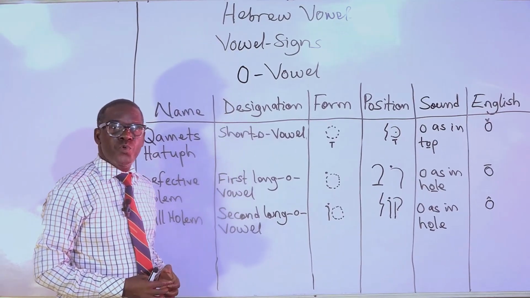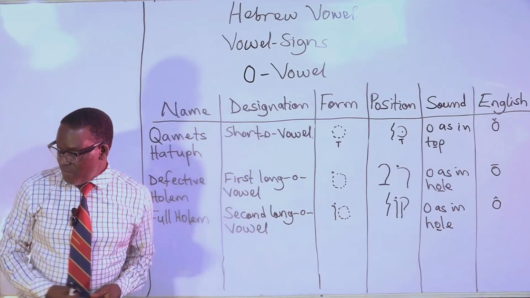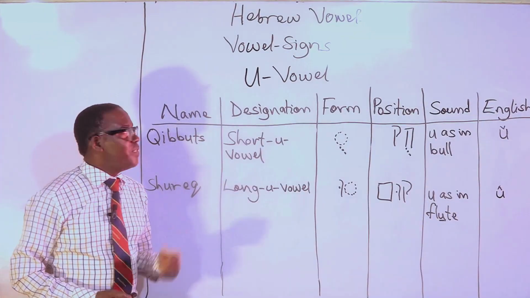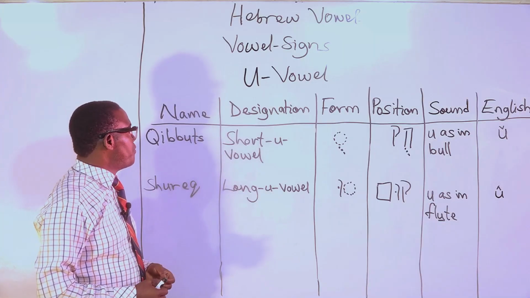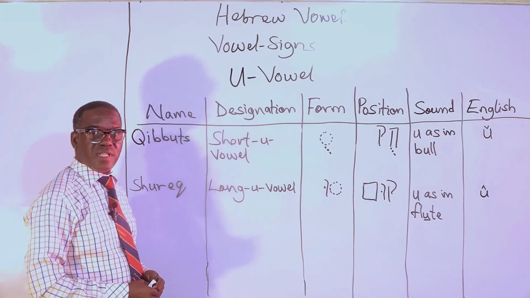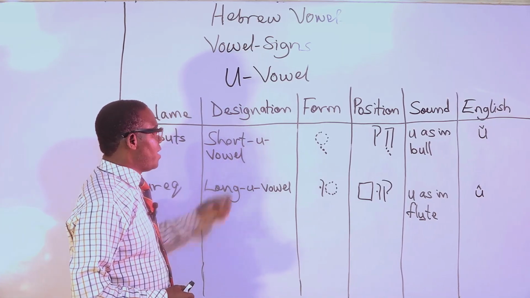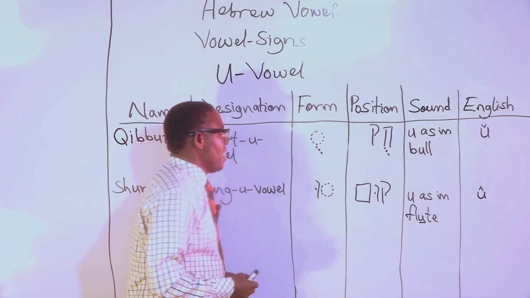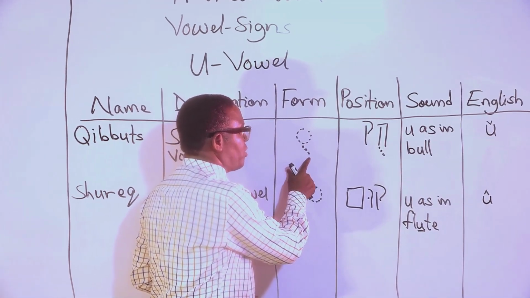Now we go to the U vowels in Hebrew. We have two in U vowel. The first one is kibbutz. It is third U vowel in Hebrew. And the form is three slant dots.